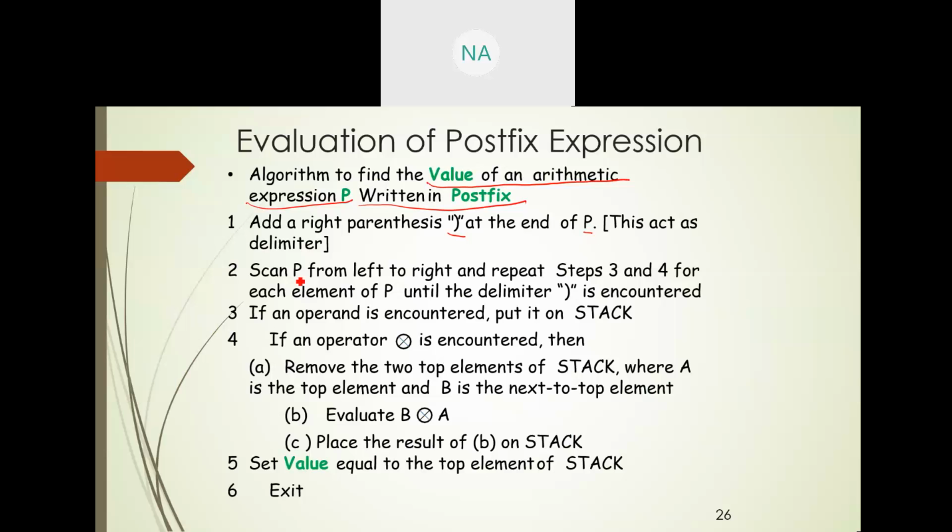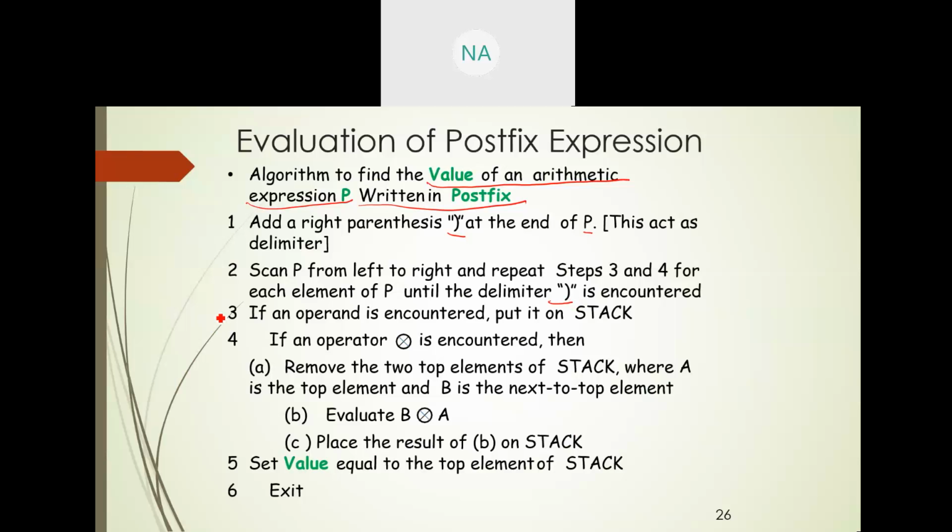Now scan expression P from left to right and repeat steps 3 and 4 for each element of P until you find the sentinel, the right parenthesis. So steps 3 and 4 are to be executed repeatedly until the right parenthesis is encountered.